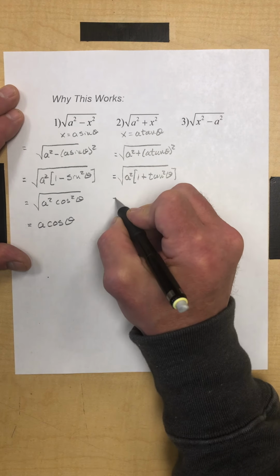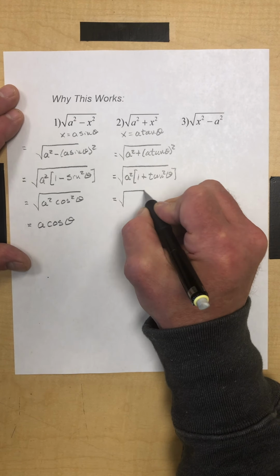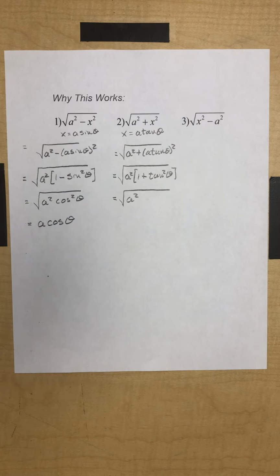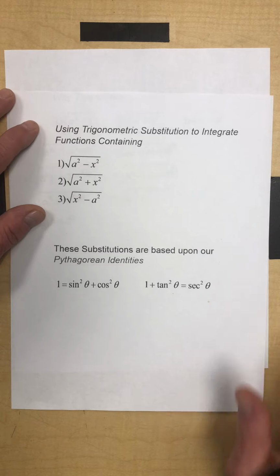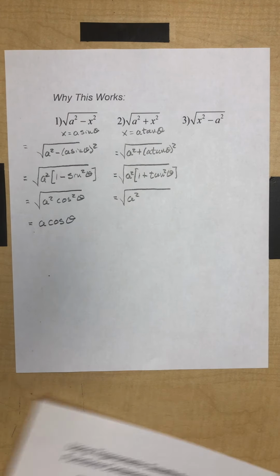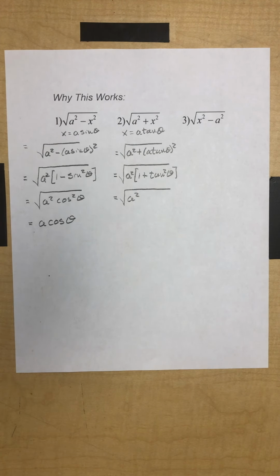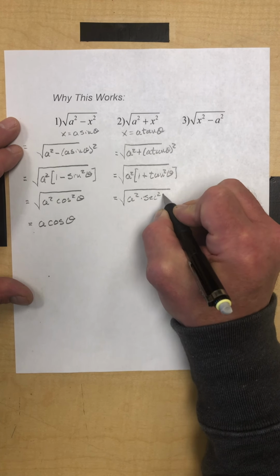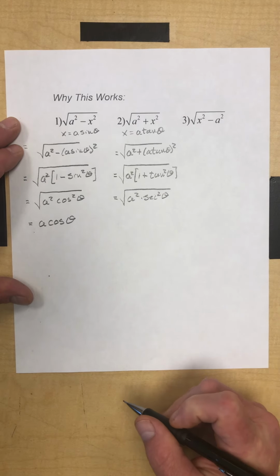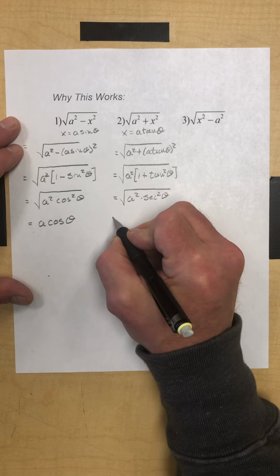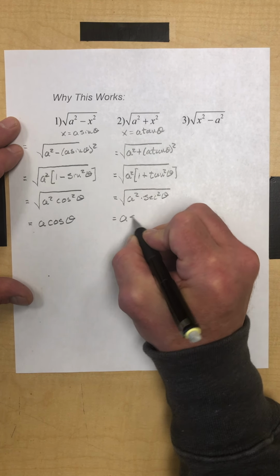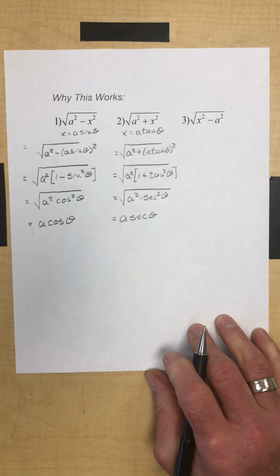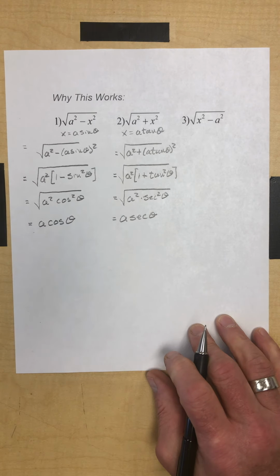Then we go to our Pythagorean identities. 1 plus tangent squared is secant squared, so we substitute in secant squared. And again, you have a perfect square, so we can take the square root and we get a secant of theta. So once again, just like the first one, it gives us the ability to get rid of that square root.